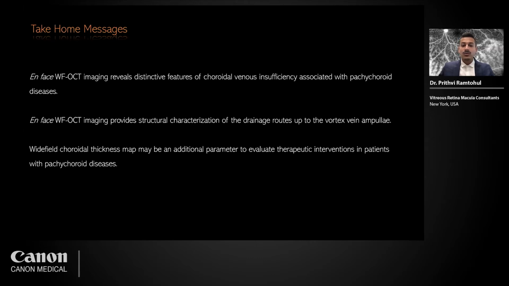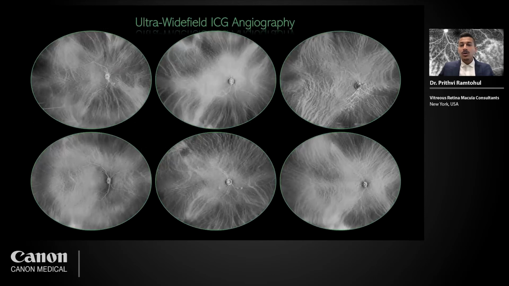And wide field choroidal thickness map may be an additional parameter to evaluate therapeutic interventions in patients with pachychoroid disease. So we all know that ultra-wide field imaging and especially ultra-wide field ICG angiography have improved our management of patients with central serous chorioretinopathy, and we are now familiar with this imaging modality.